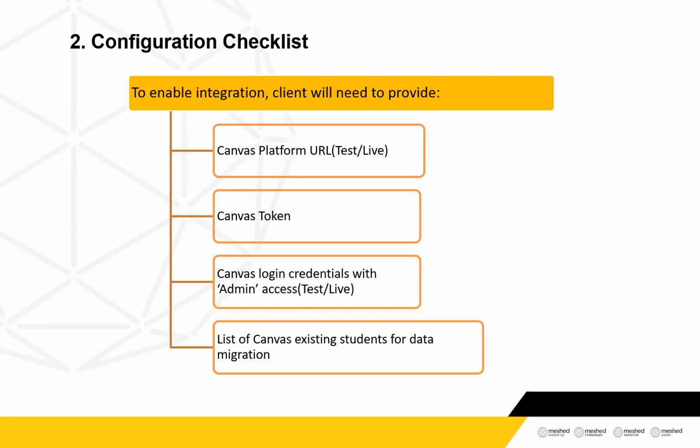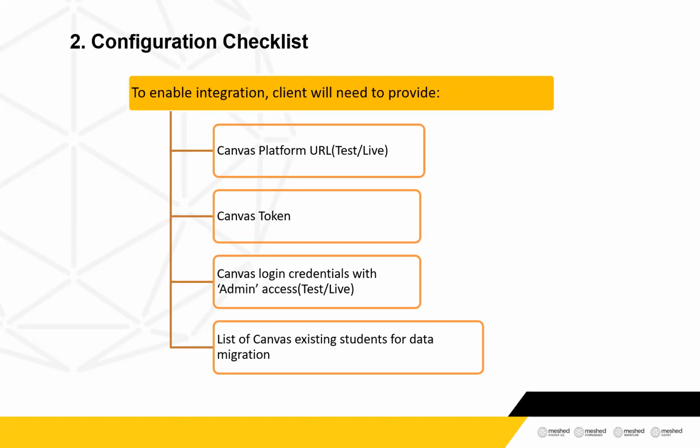For that, we will need to process one small data migration, and to do that data migration, we will need the list of students from your Canvas platform. Here, please make note that we can only do data migration for student accounts. However, we cannot do data migration for student enrollments in Canvas as well as your course structure in Canvas. So this is all about the requirements to enable the integration on your platform.